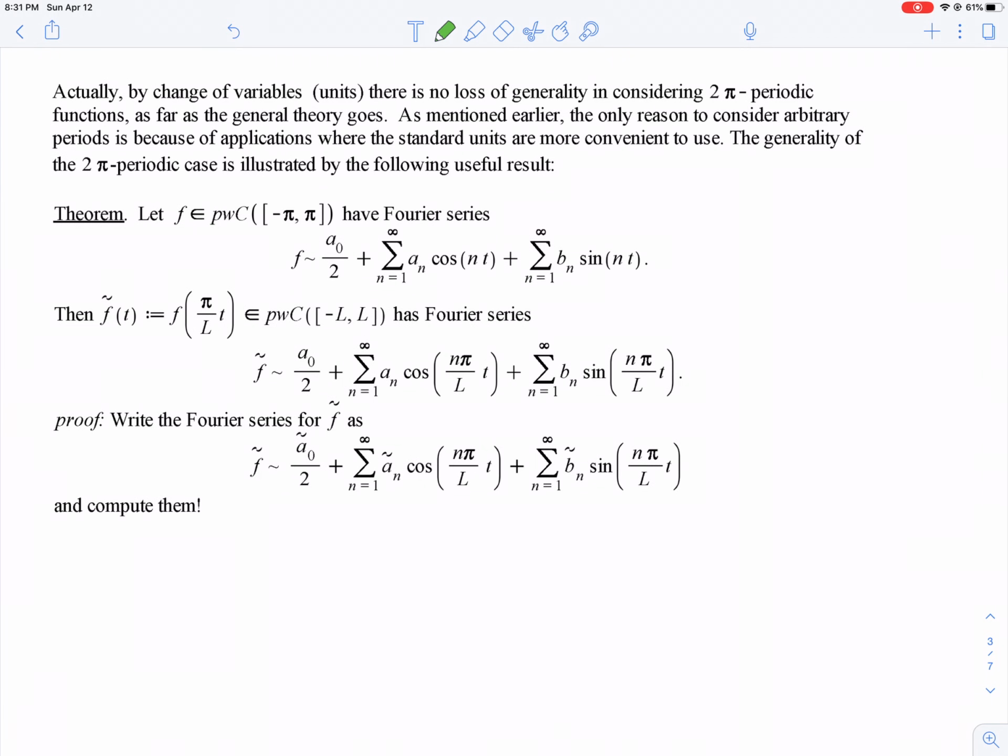So I think I might have already mentioned this before, but why would we want to consider 2L periodic functions? It's because of applications. In terms of the mathematics, if you have a 2L periodic function, you can always do a change of variables or units to consider your problem as if your functions were 2 pi periodic.